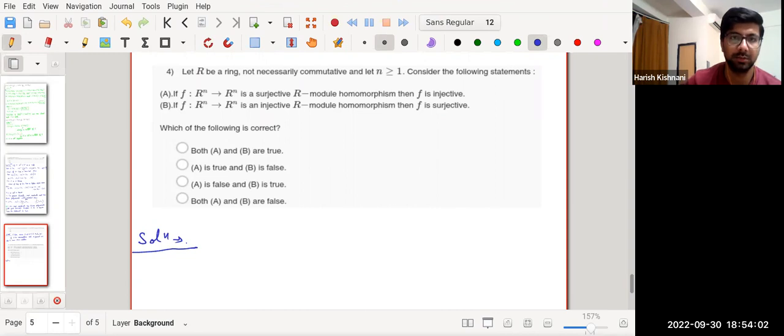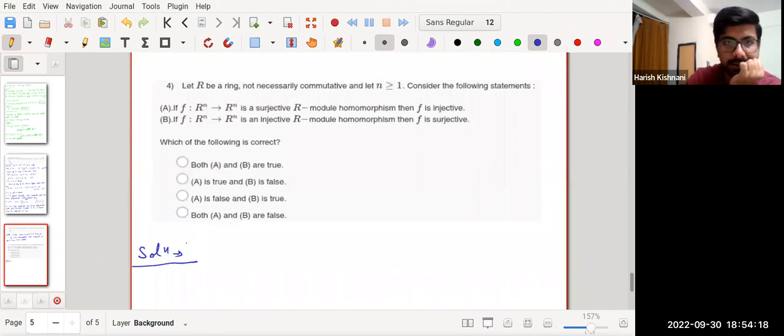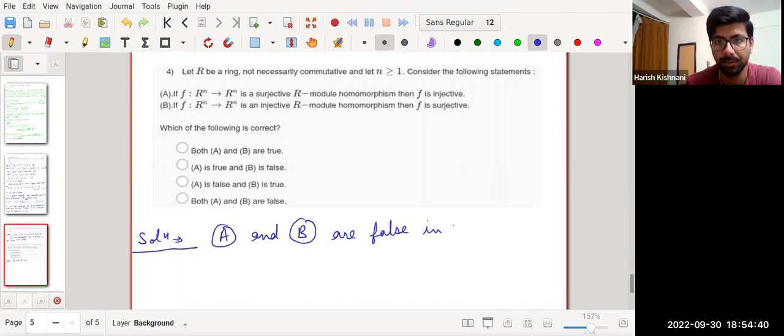Okay, so first of all, I leave it to you to consider explicit examples, but you can check easily that A and B are false in the non-commutative setup.